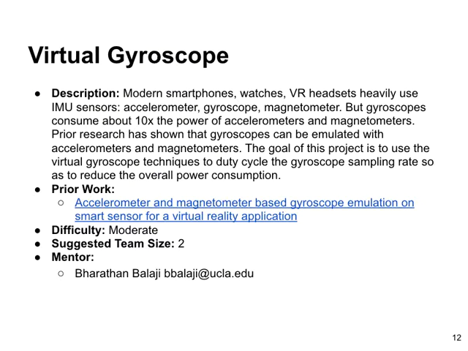Next one, virtual gyroscope. What do gyroscopes do? Anyone? Angular velocity, yeah. Essentially the rotational part. Now, gyroscopes unfortunately are extremely power hungry and expensive. They're costly.